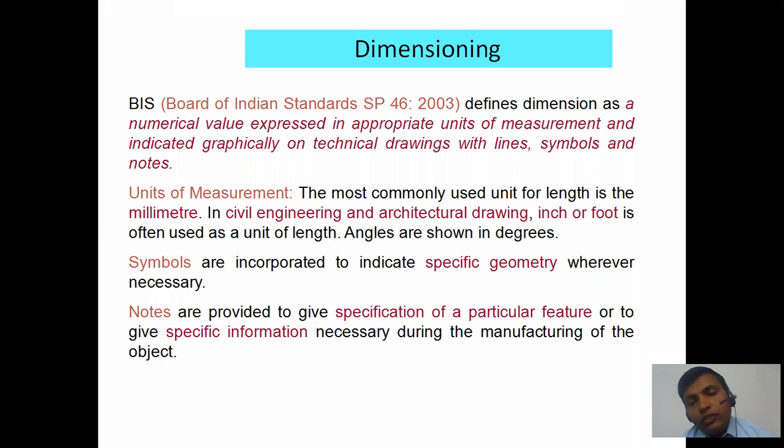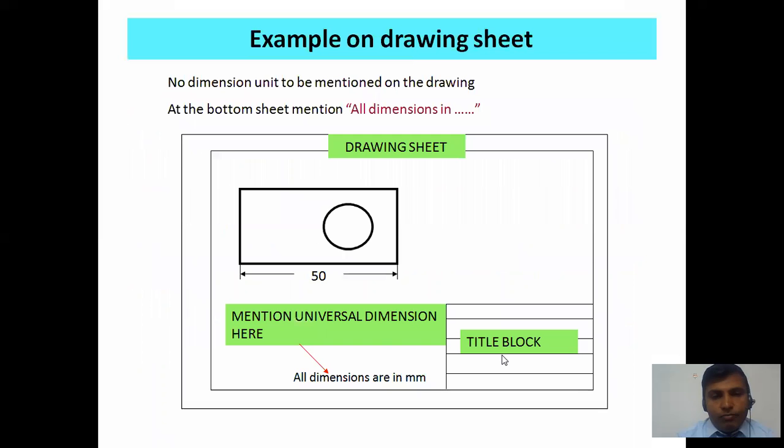Angles we are going to show obviously in degrees. Symbols are incorporated to indicate specific geometry wherever necessary, and notes are provided to give specifics of particular features, maybe flatness, perpendicular surface, parallelism, or the number of quantities and material, etc., on the particular drawing. This is the specific information necessary during the manufacture of the object. So this you have learned in the previous lecture.